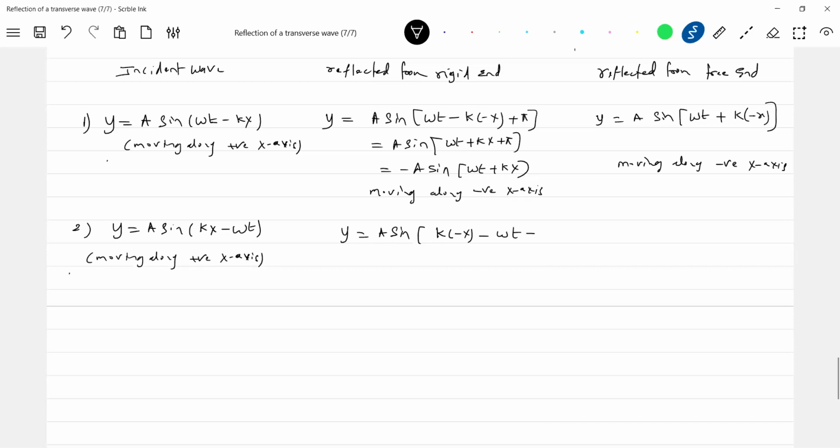Since reflected by a rigid end, a phase angle of pi radian. Am I right? Then this will become minus. Try to look at it once.